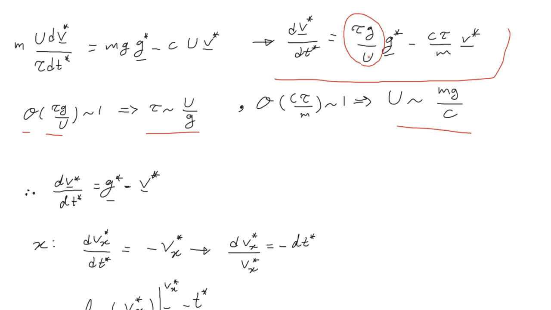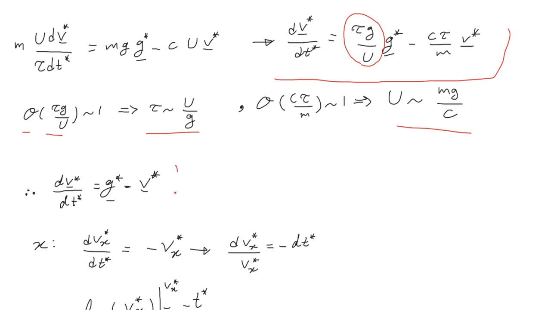So if we have u in the same order as mg over c, and we replace it here, and we have tau in the same order of u over g, and we replace it in our non-dimensional equation, we'll see that the coefficients cancel out each other.